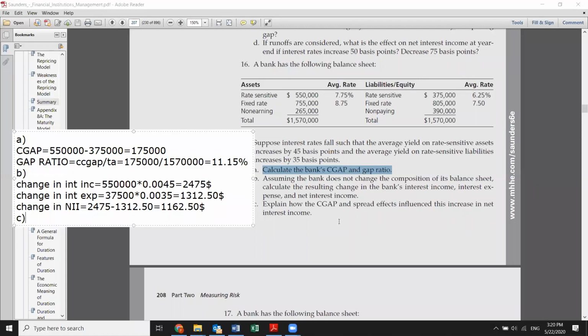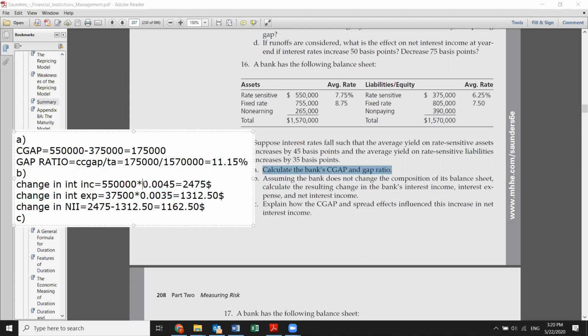And spread effect also worked to increase the net interest income because spread increased by 10 basis points. We know the spread effect is calculated as the difference between the lending and the deposit rates, between the assets and the liabilities. So the difference between the 45 and this one is a positive number, and that effect works with a positive sign.